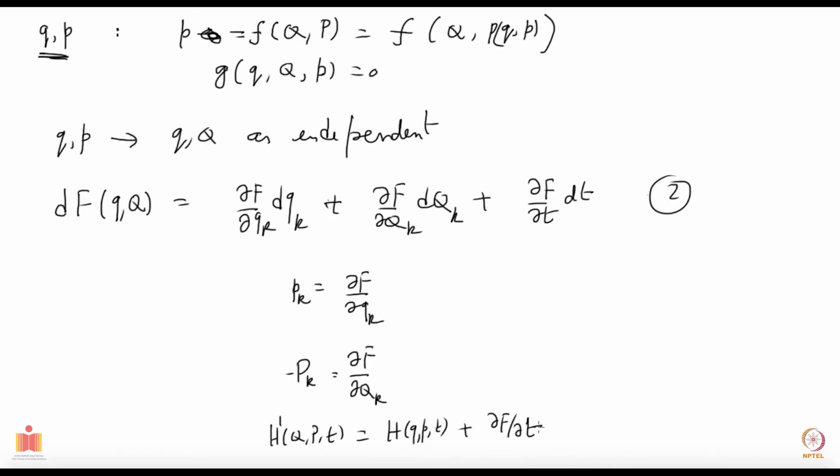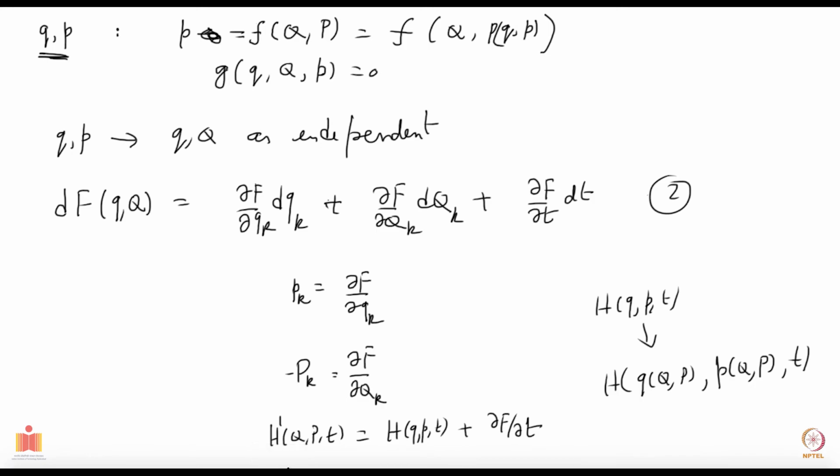Okay, they will have the same values. The only difference would be that you will express the new Hamiltonian by turning the small q's into capital Q. So you'll take your h of q, p, t and write it as h of Q, P, t. That is what it means.